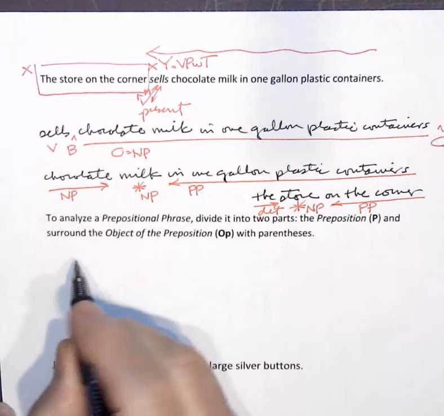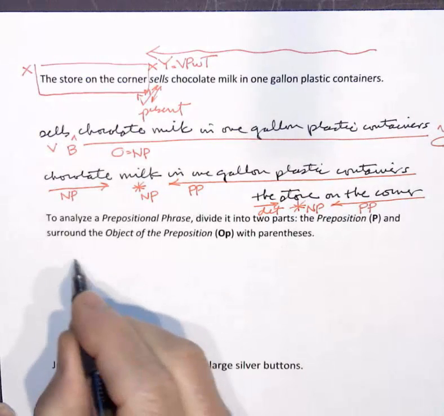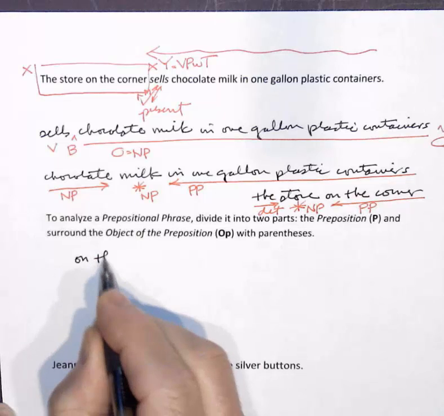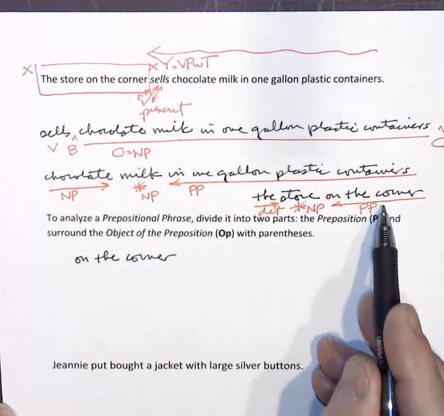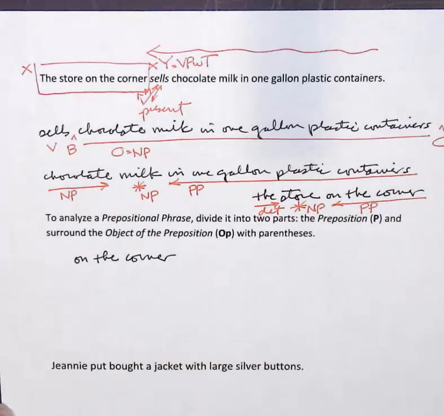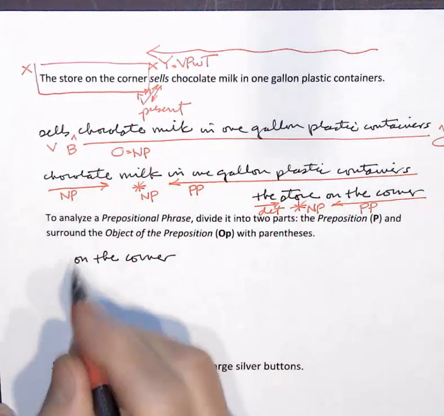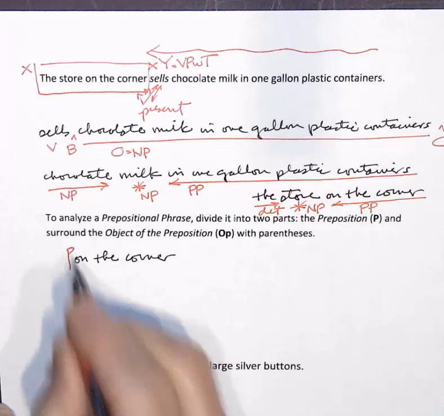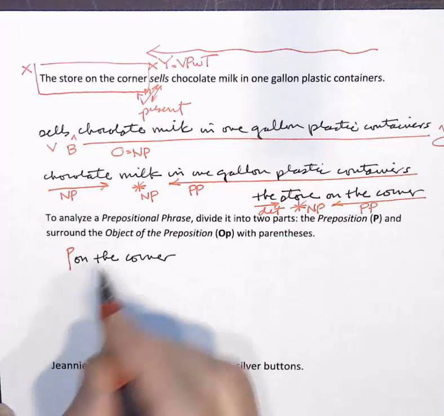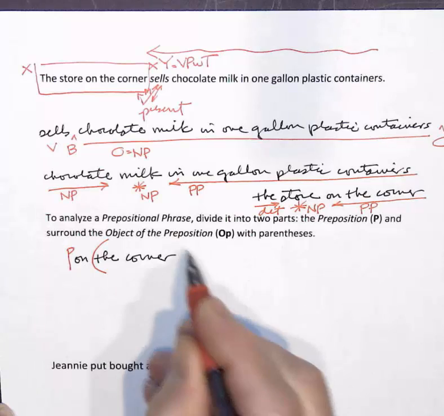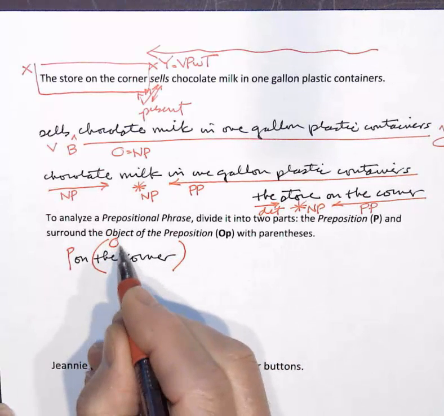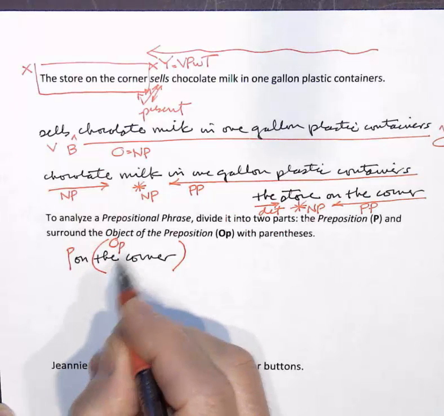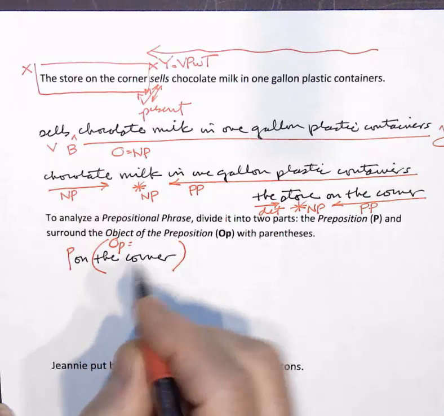So we'll take, for example, on the corner. That's our modifier from the subject phrase. And just like I wrote down, we'll label the preposition on. We'll draw parentheses around the corner and label this the object of the preposition, and we can identify it.